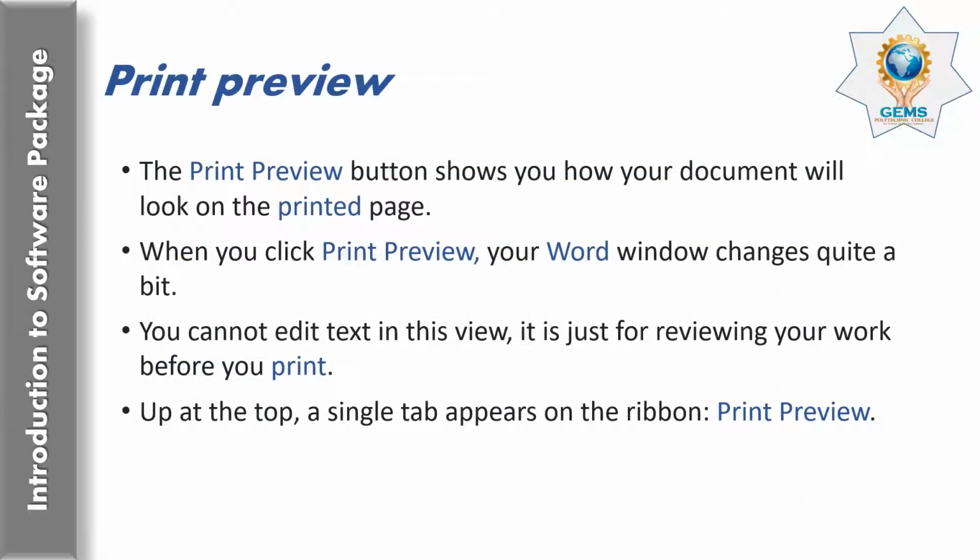Here the print preview shows you how your document will look on the printed page. When you click the print preview option, your Word window changes quite a bit, so you cannot edit text in this view. It is just for reviewing your work before you print.